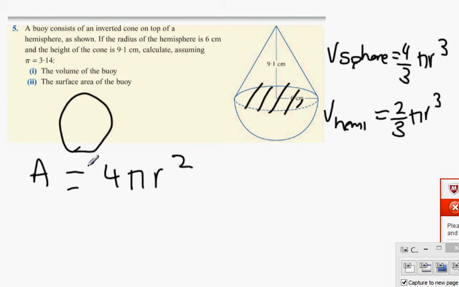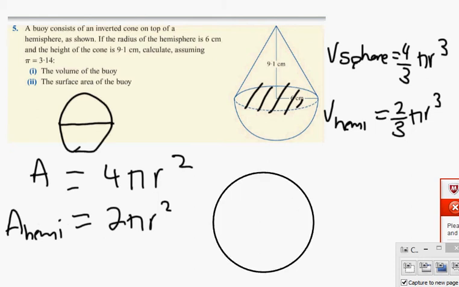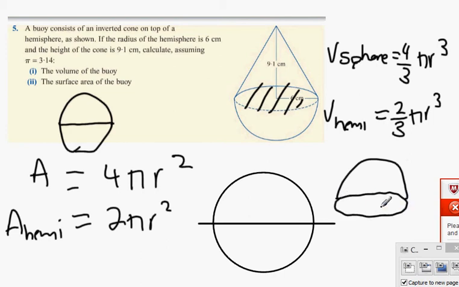How would you get the area of half that? 2 pi r squared for the hemisphere. Now, if you cut the sphere in half, you usually end up exposing a circle on the bottom that you have to add on, but because it's enclosed with the cone, you don't have to worry about that circle.